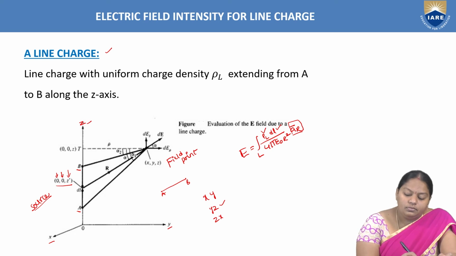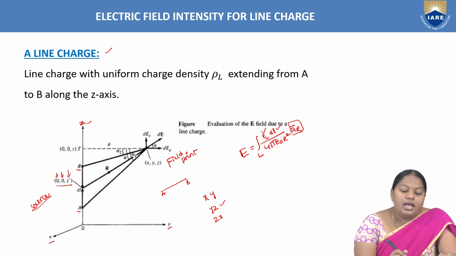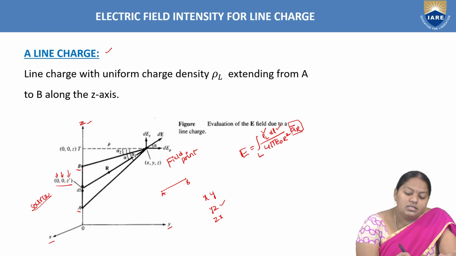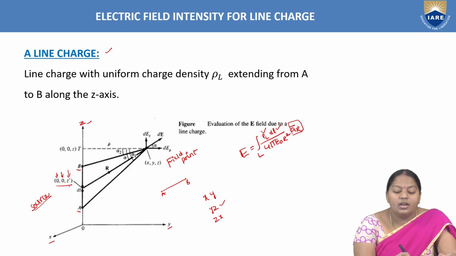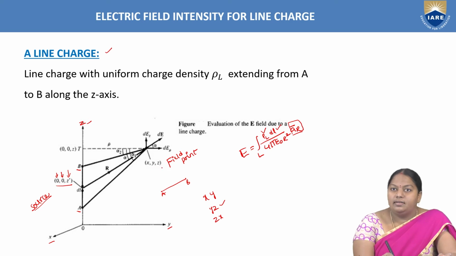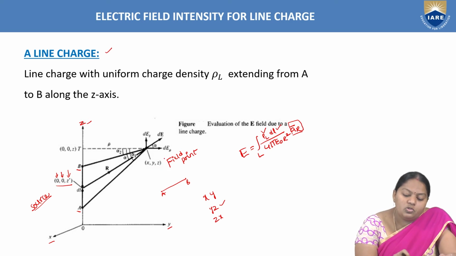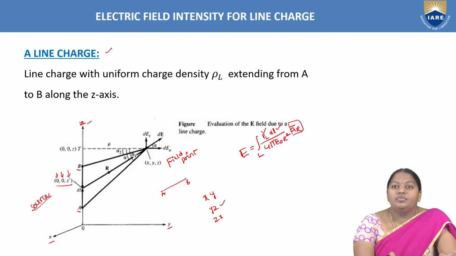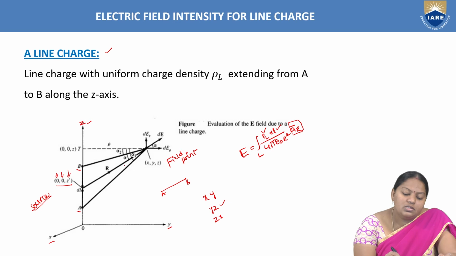For the axes and directions we use the general notation x, y and z, and in order to differentiate, we consider a small variable called z dash. Right? So 0, 0, z dash is the source point, and the field point is given by x, y, z. Between the source point and field point, we are going to find the distance.